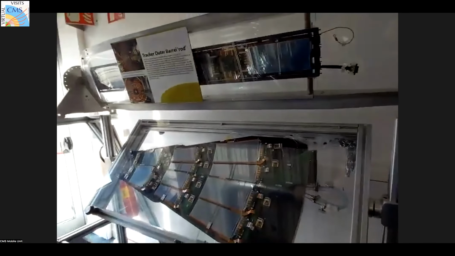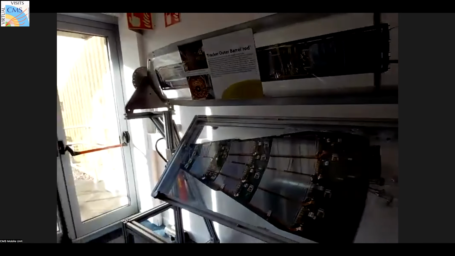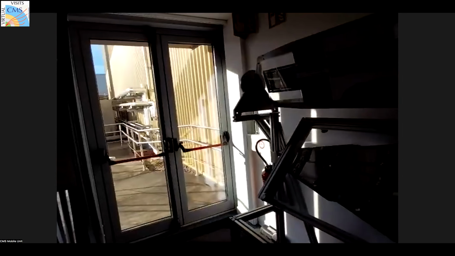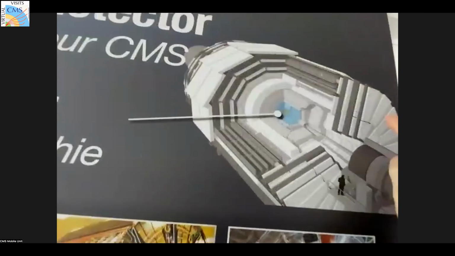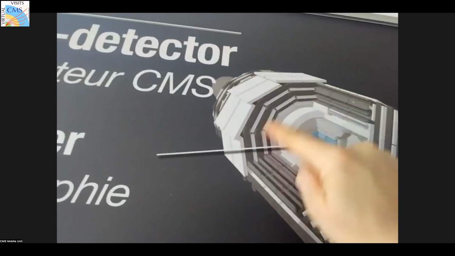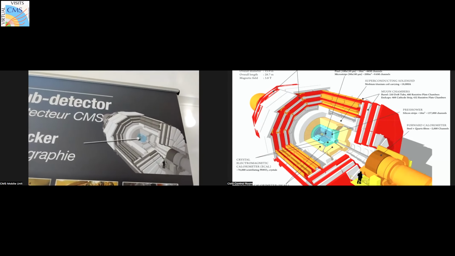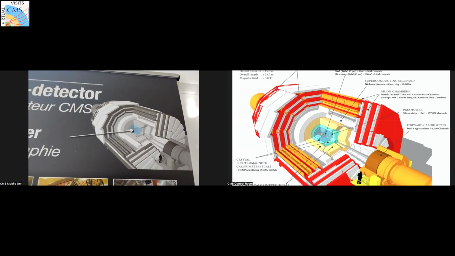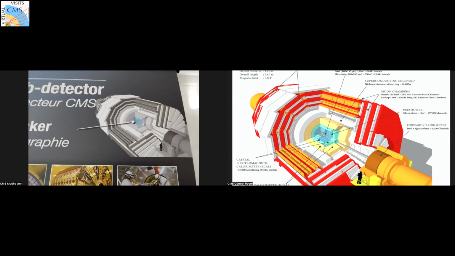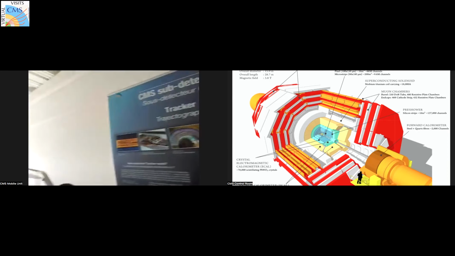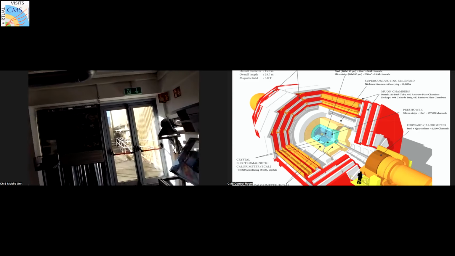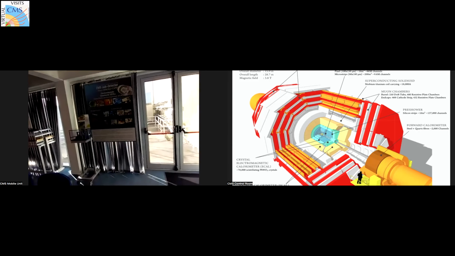I just want to use the nice physicist word: we are hermetic, which is almost true. There are tiny gaps. We want to catch as many particles as possible flying in any direction out from the collision point. So that's why we had to build something that surrounds the interaction point as much as it can.